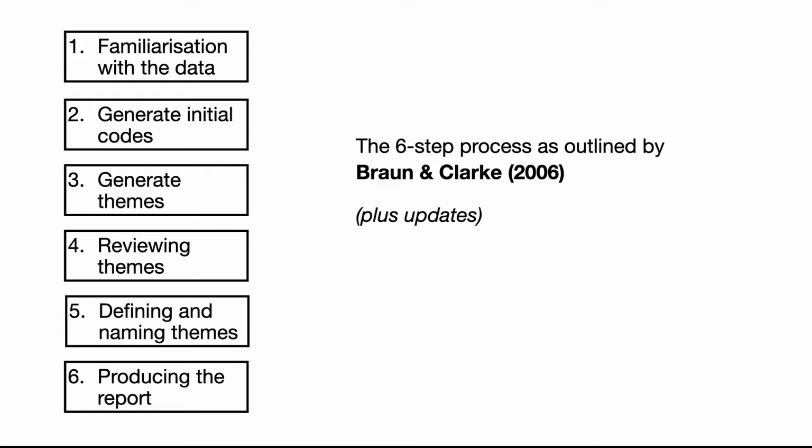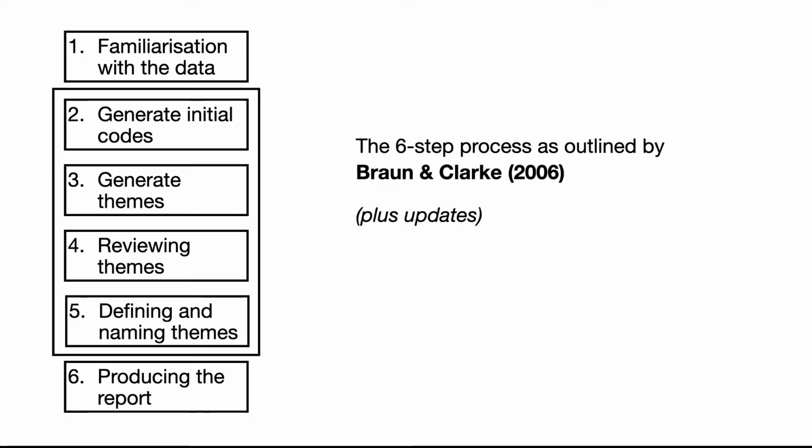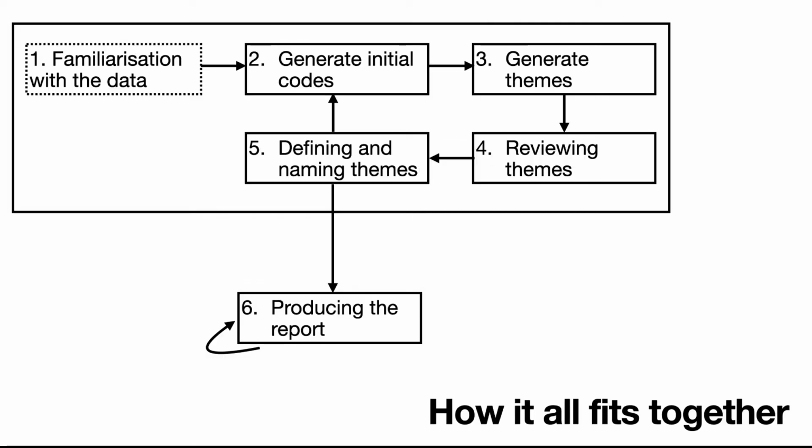Braun and Clarke have a 2006 paper which is viewed as really being the paper for thematic analysis. What you often find is that there are 6 steps and they're often viewed as a linear process, although they do make it clear within the paper that it's an iterative process. Now, what I think it should be represented like is something like this.